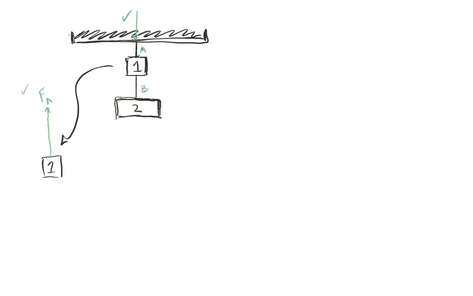And then, of course, there's a force of gravity acting downward on this thing. I'll call it G1 because we're talking about object 1. And also, because of the presence of this second object, we have another tension force from that rope B pulling down on the first object.